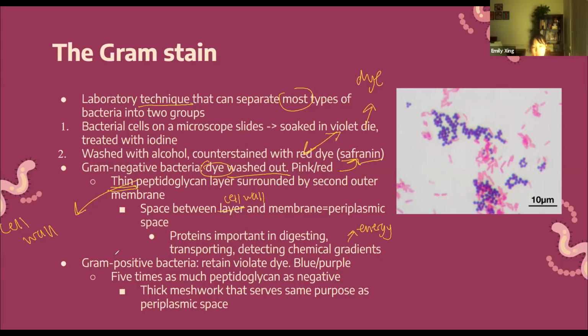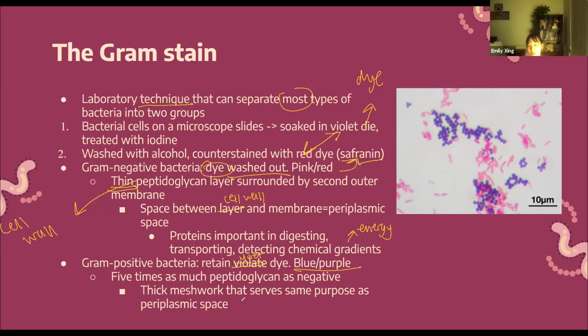And the other type, as you probably guessed, is gram-positive bacteria. This is where the violet dye is retained, so it appears blue and purple. They have 5 times as much peptidoglycan in their cell walls as gram-negative bacteria.